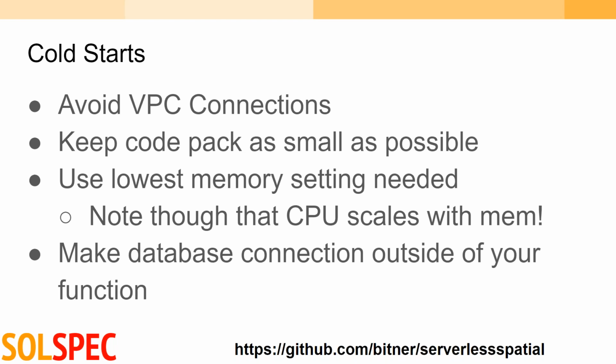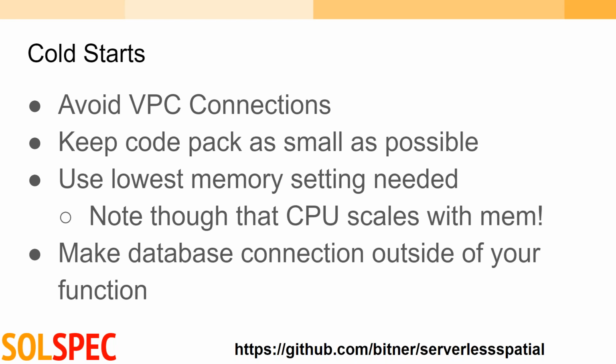You don't have control of it, other than the fact that you can spoof having several requests to keep things warm. But when you have these cold starts, they can take considerably longer than your normal requests to Lambda. So it can be good to try to limit the time that these cold starts take for things that are just very periodically used and where things aren't going to be kept warm naturally.